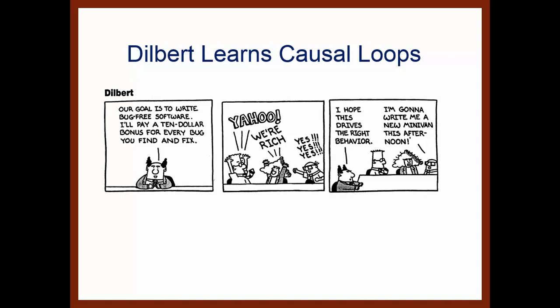So I hope this drives the right behavior. Not likely, they're going to try to find more bugs in order to make more money. So that's basically seeing that not necessarily the interventions that you're proposing are going to have the effect. If you list all the possible variables, then you can phrase this in a way that will not necessarily cause this.